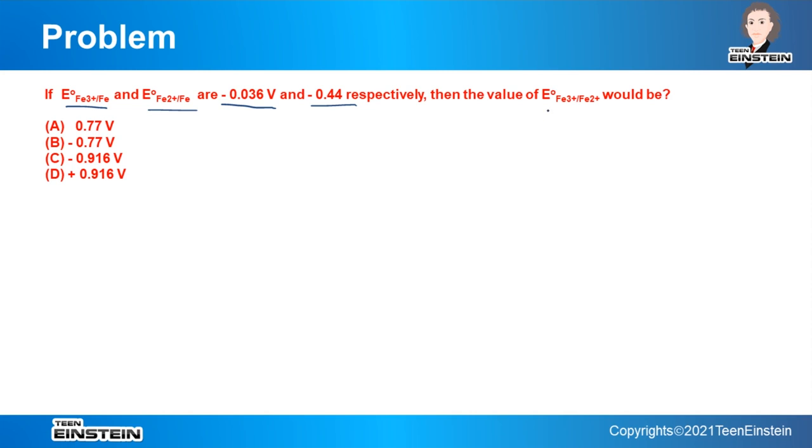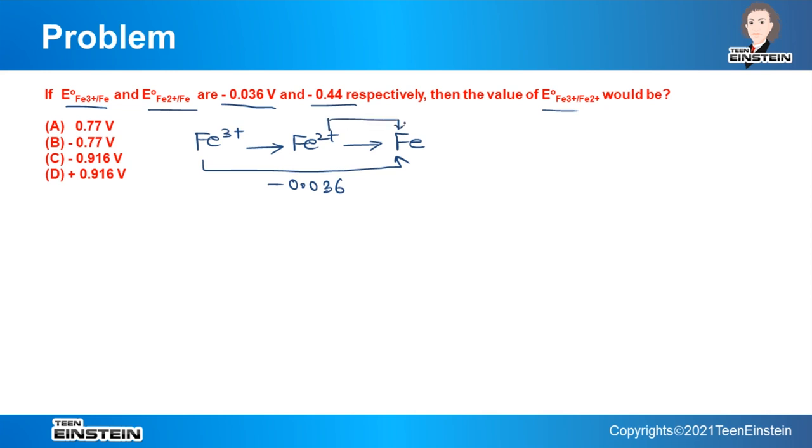So we have to find the E naught of Fe3 plus to Fe2 plus. For your convenience you can also write it in this way, Fe3 plus to Fe2 plus then Fe. This value is given, which is minus 0.036. This one is also given, which is minus 0.44, but we have to find this.